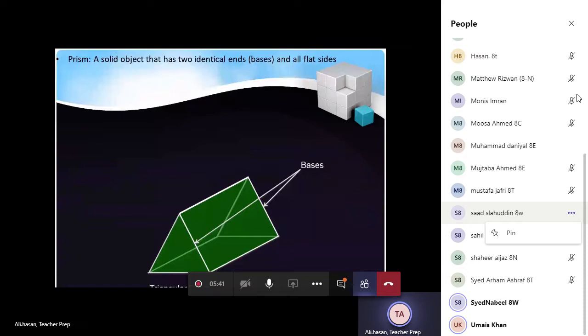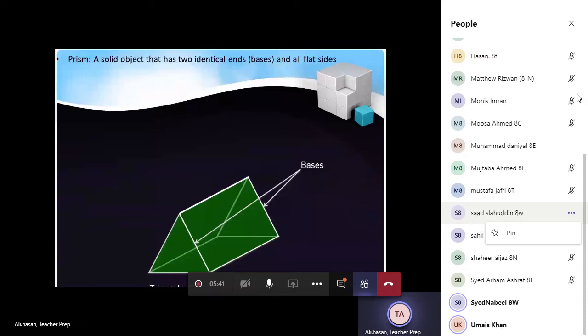And the first side and the second side. See: top, bottom, front, back, base one, base two. It calls side one and side two base one and base two.